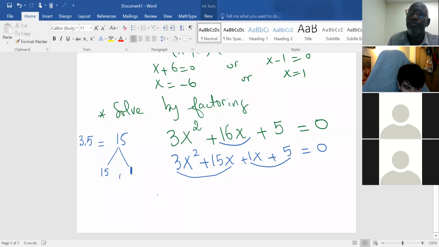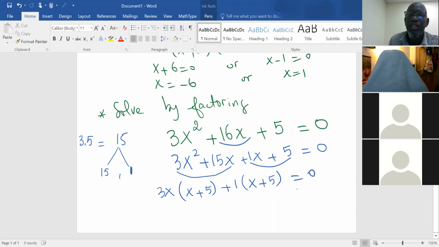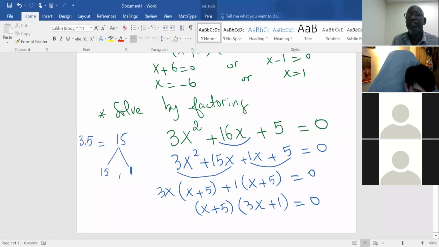The first two terms give 3x parentheses x plus 5. And the only thing I can factor out of the others is 1, so 1 parentheses x plus 5 equals 0. So we get finally x plus 5 parentheses 3x plus 1 equals 0, right? And that is my factoring.